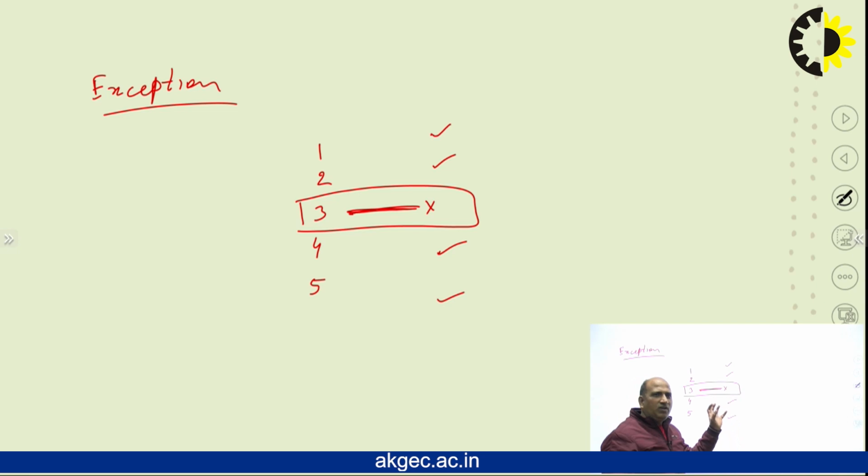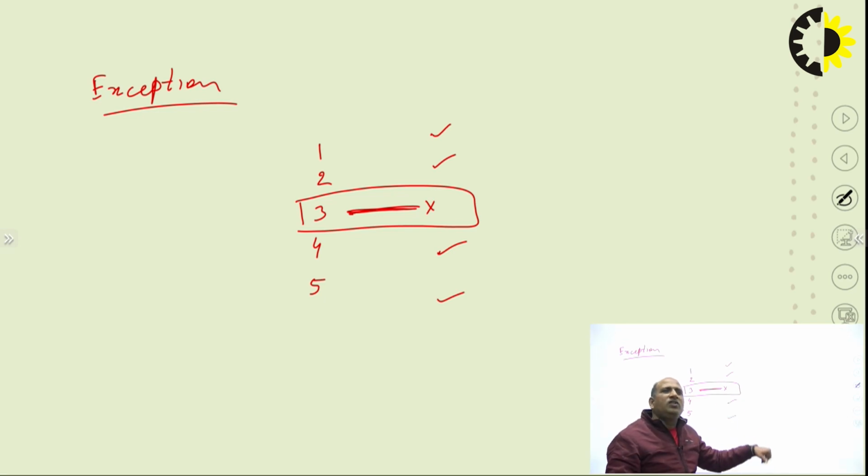This way, we can say exception is an object, and this exception object will be thrown by the Java compiler at the place where you have done some abnormal situation, some mistake. Then and there, that type of exception object will be created and thrown by the compiler. And if the programmer has handled that situation, then your rest of the code will execute.